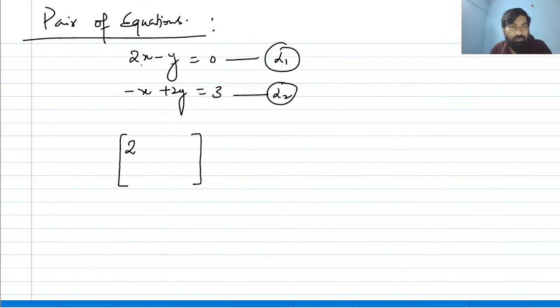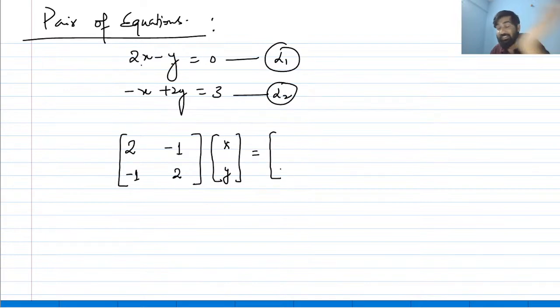The coefficient of y is minus 1. The coefficient of minus x is minus 1. The coefficient of this one is 2. Now write here the unknowns, which are x and y. Then write the right hand side also, that is 0 and 3.